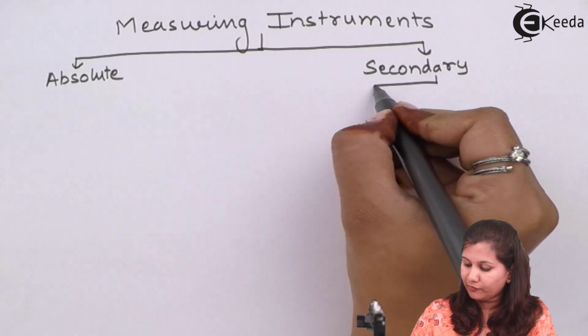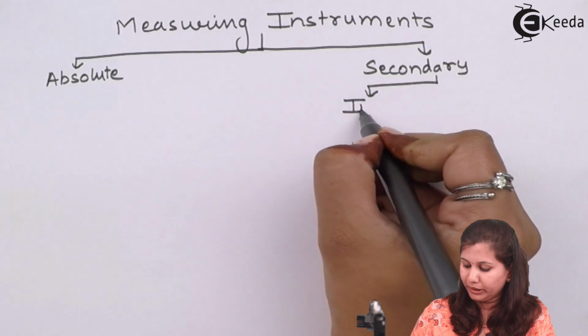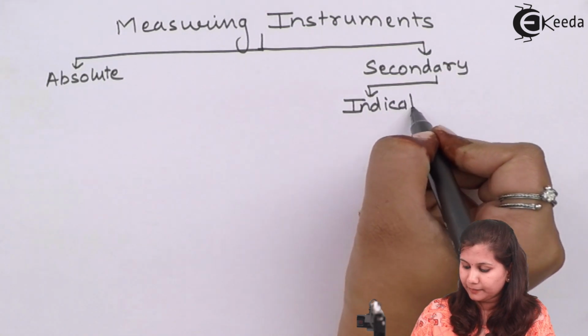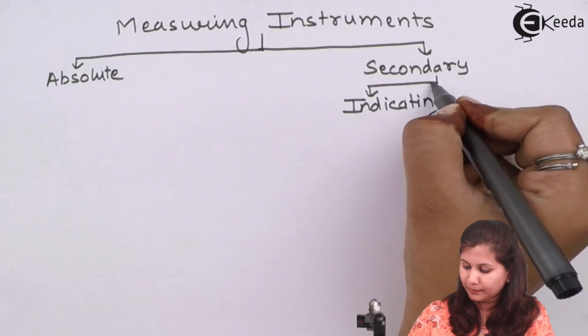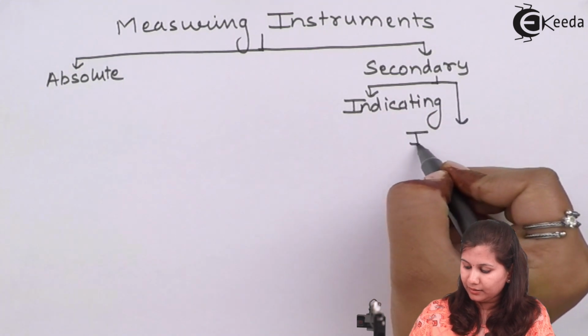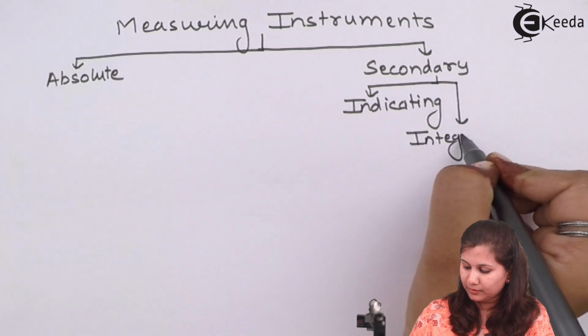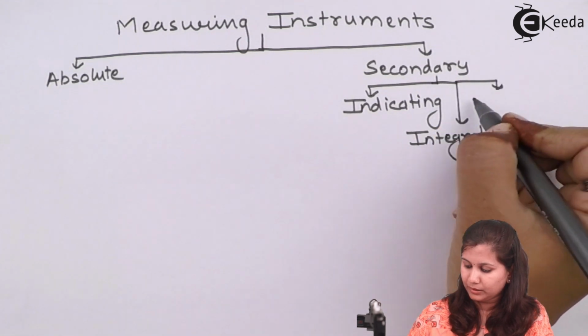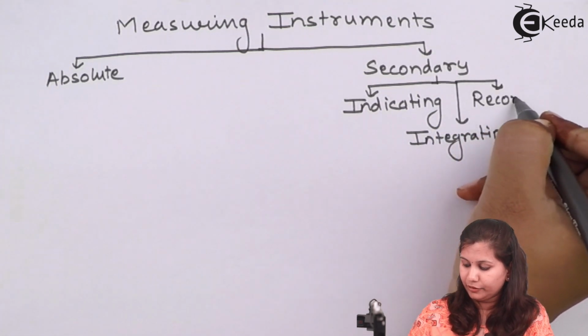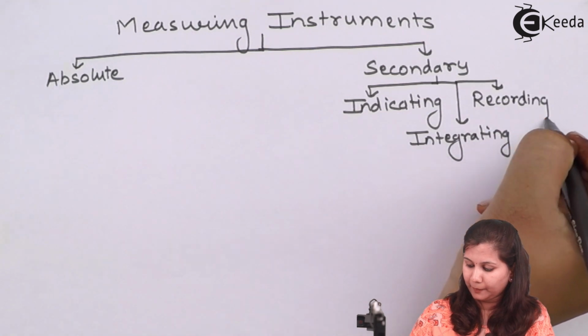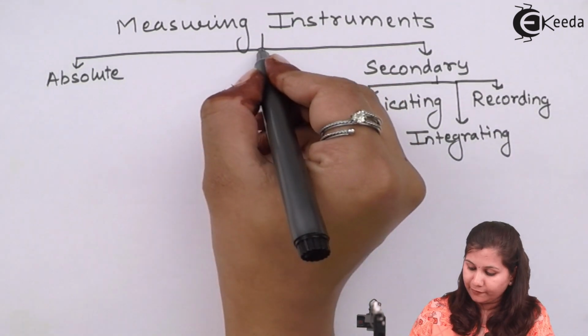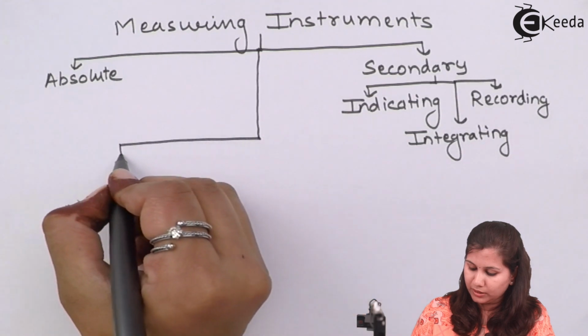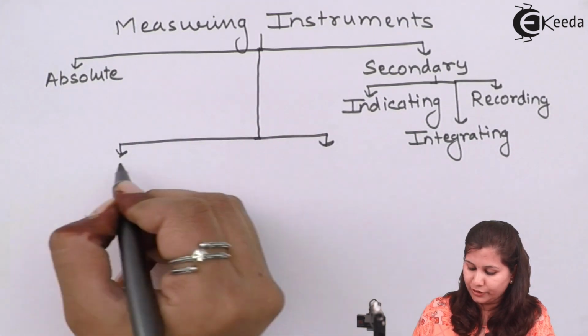Secondary instruments were further classified into indicating, integrating, and recording. The next classification we studied was analog and digital.